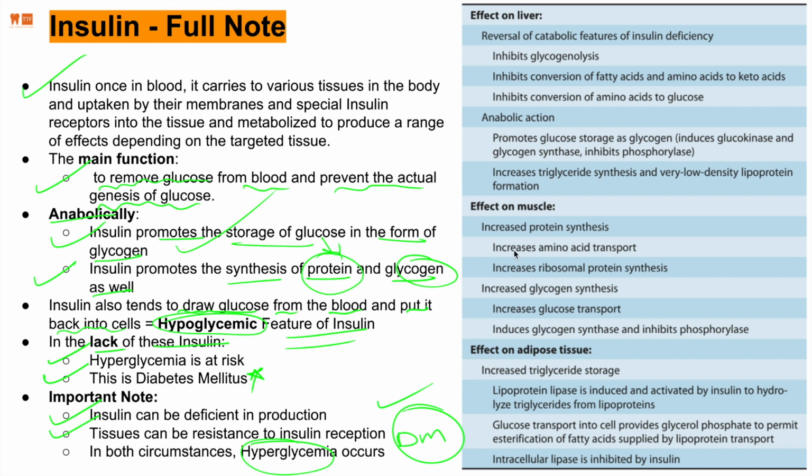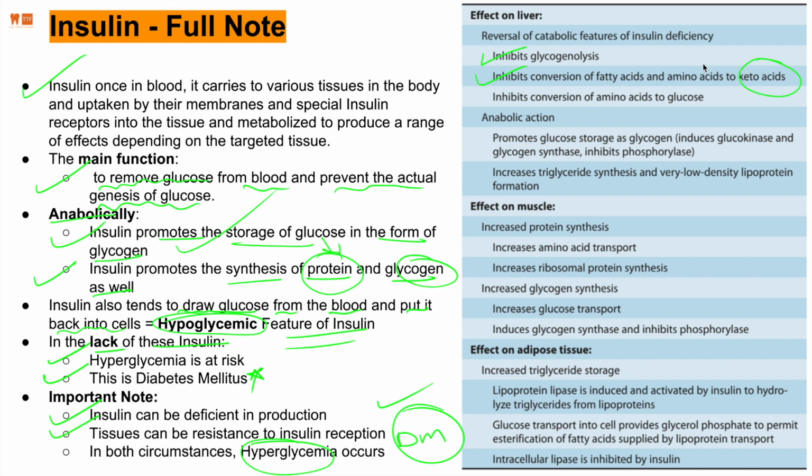The effects of insulin are very vast on different organs. On liver, it reverses the catabolic features of insulin deficiency. It inhibits glycogenolysis. It inhibits conversion of fatty acids and amino acids to keto acids. It prevents it. Remember that.